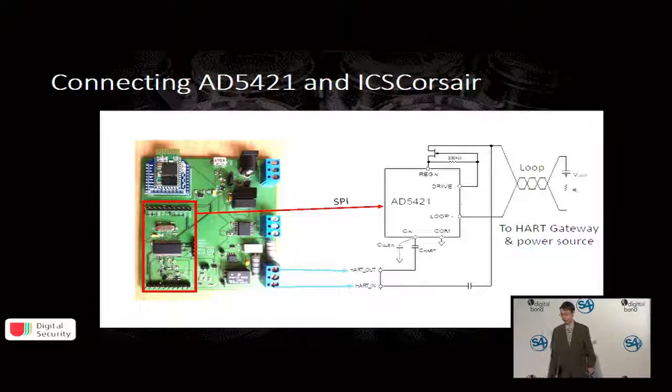You can control the AD5421 IC over the SPI channel, the HART-in pin from the ICS Cursor goes to the HART-in pin of the IC, and HART-out goes directly to the current loop. In this case, you just need to create the real HART current loop with the real power device and HART gateway.